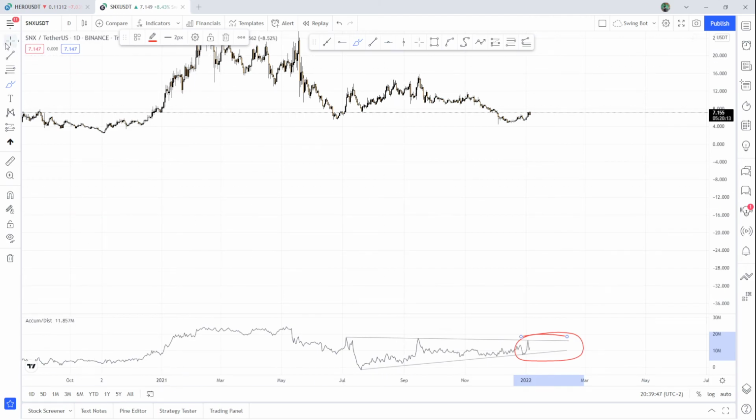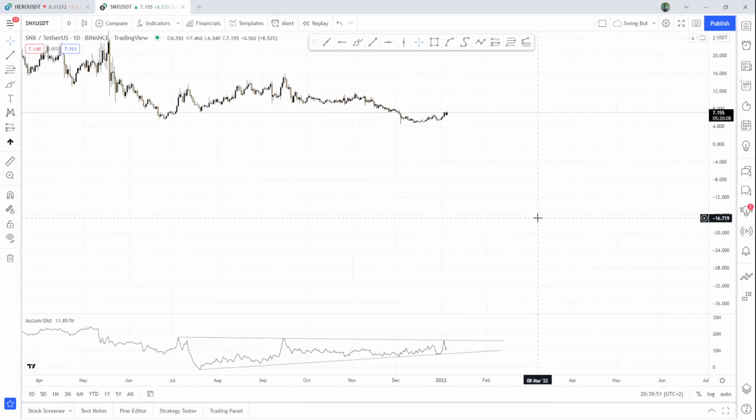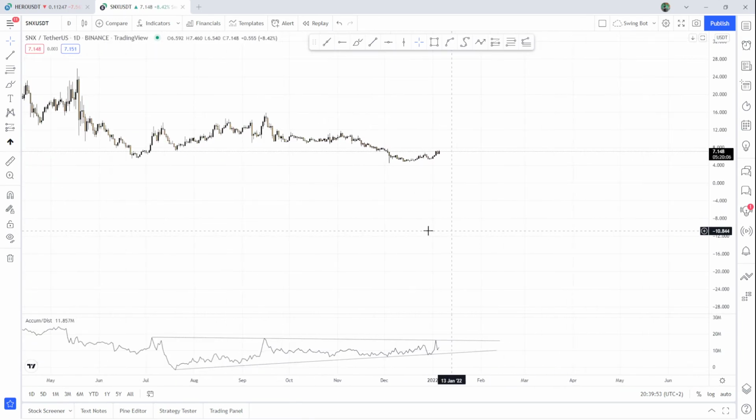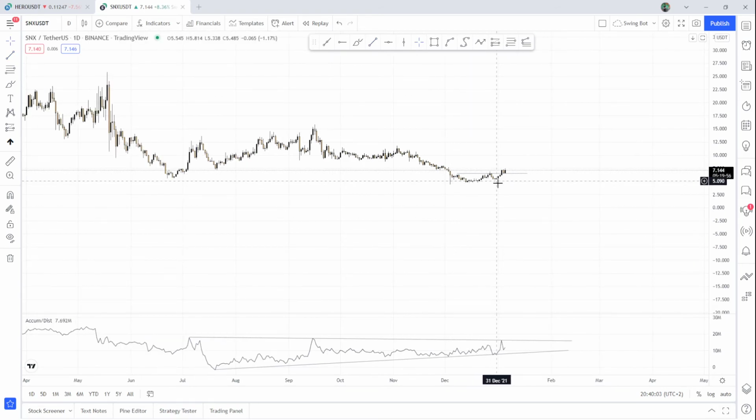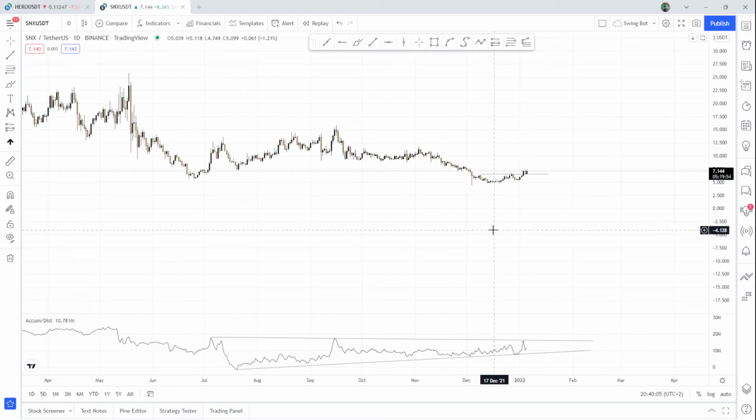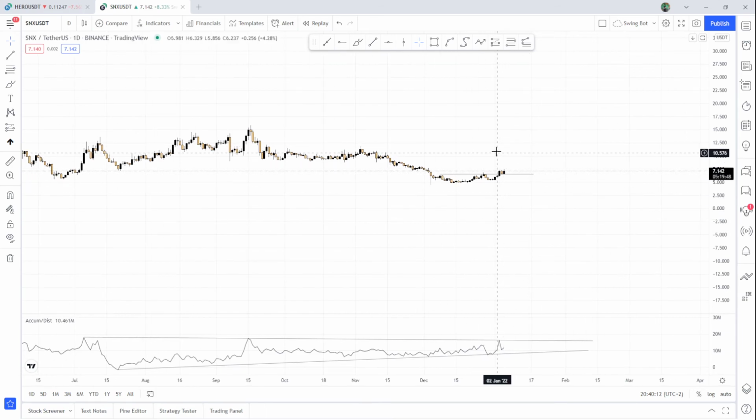Okay, so don't be fooled by this one here. So for example, I'm gonna draw a level here. Yeah, so here actually we have a resistance. Yes, so it broke that resistance. Okay, so maybe some go long from here. Okay, it also had a retest.